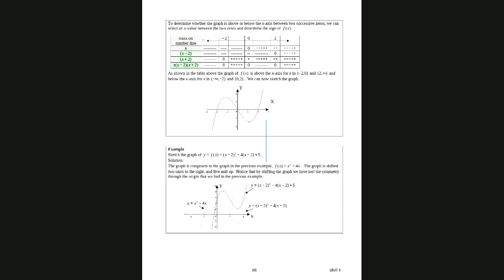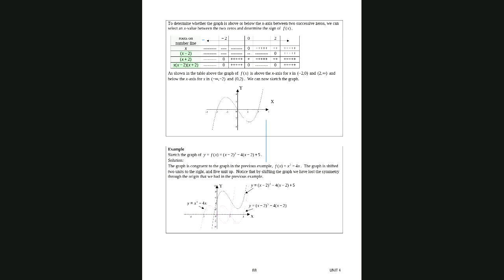Here will be negative, here negative, and here negative. Negative times negative is positive, negative again, so I get negative.